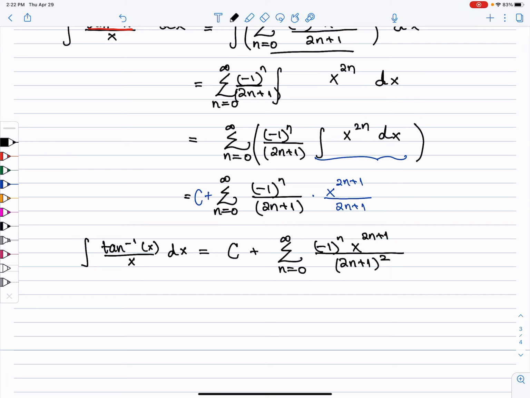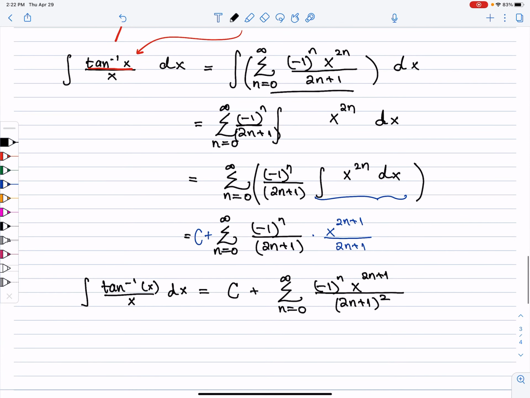There are a lot of concepts here. If you're not sure how we go from the integral of the sum to the sum of the integrals, what you can do is integrate and then expand that series.